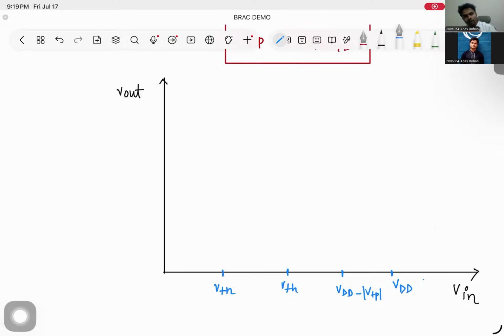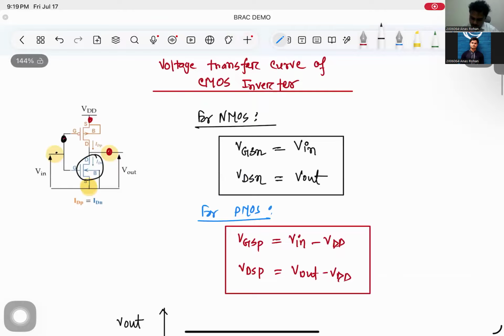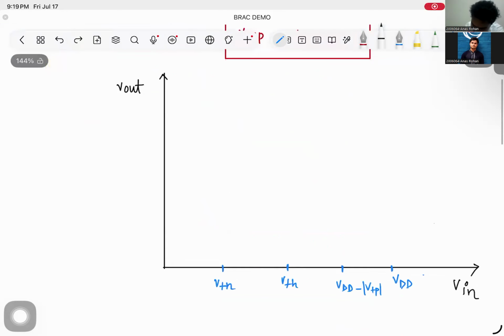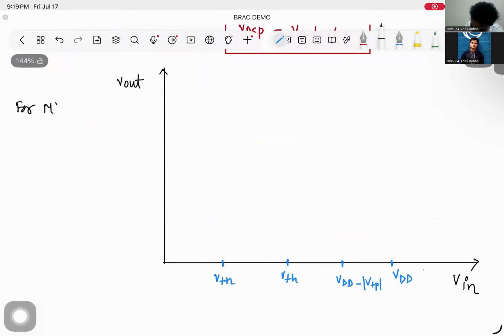Now we have to find the operating regions of our NMOS and our PMOS. How can we find this? For our NMOS, it will be in saturation when the drain to source voltage is greater than the overdrive voltage, so VDS is greater than VGS minus VTN.